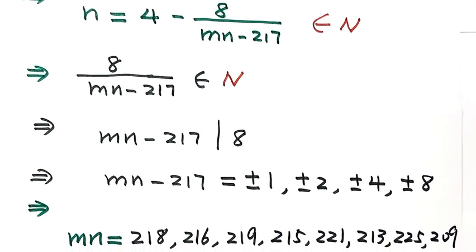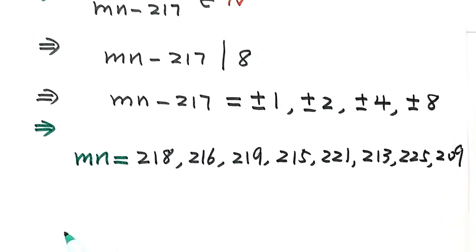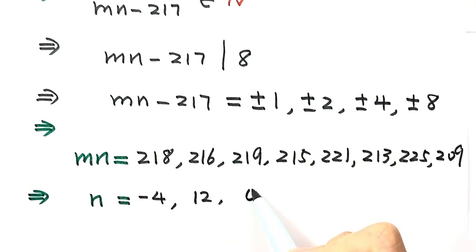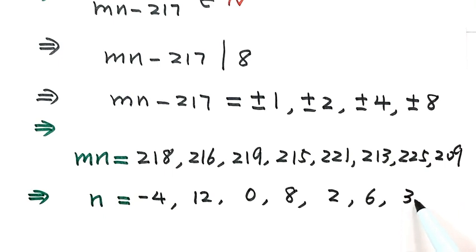The first one, n equals negative 4. Next is 12, then 0, 8, then 2, 6, 3, and 5.